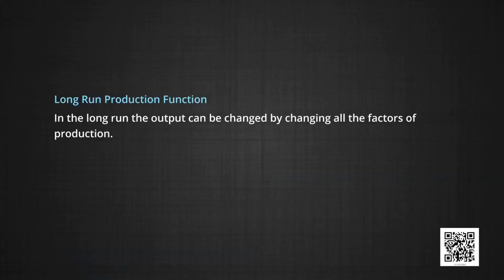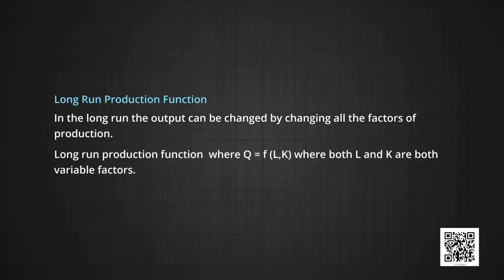We now turn to the long run production function. In the long run, output can be changed by changing all the factors of production. A long run production function is also described as Q equals f of L, K. In this case, both L and K are variable factors.